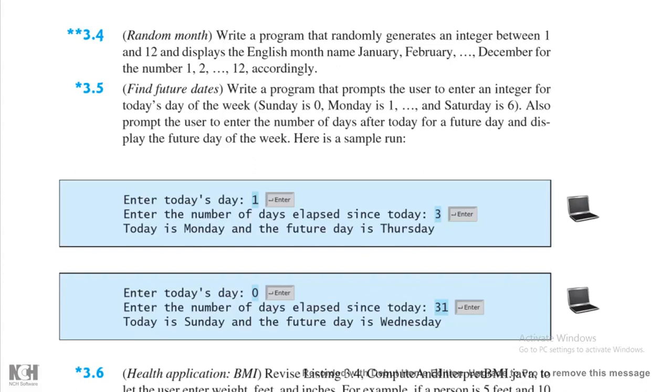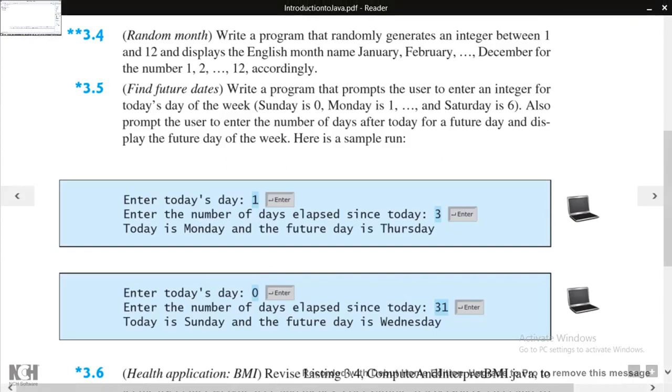Okay, so it's a random month problem. We gotta write a program that randomly generates an integer between 1 and 12 and displays the English month name, so January, February up to December, for number 1, 2, 3 accordingly. That's pretty straightforward if you ask me.